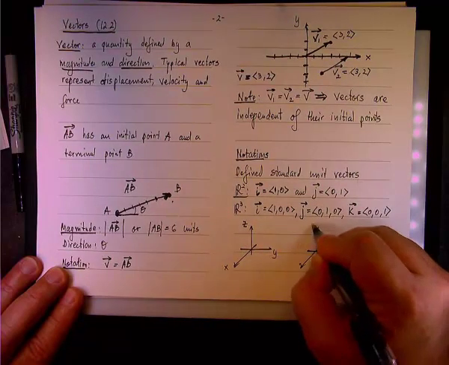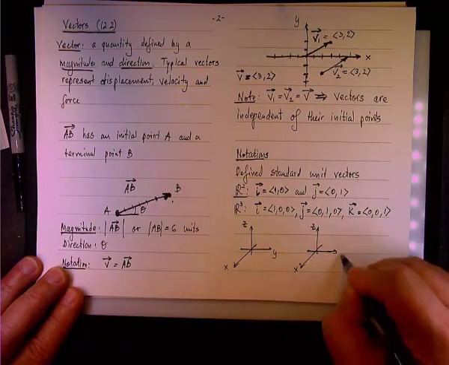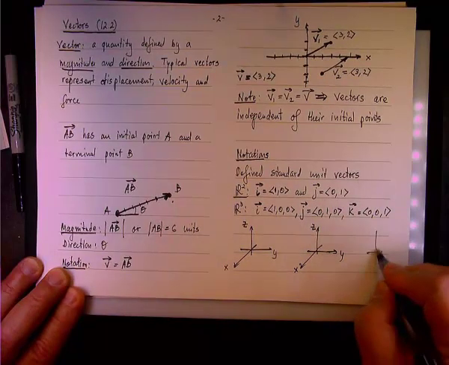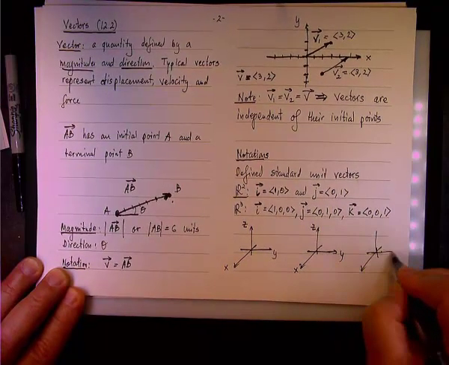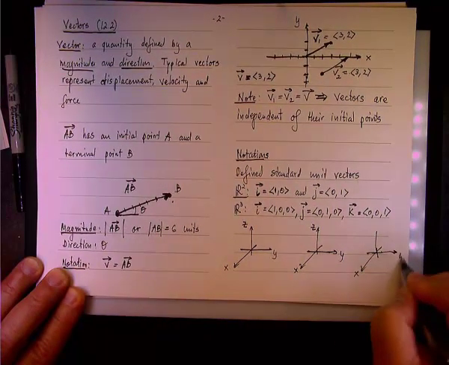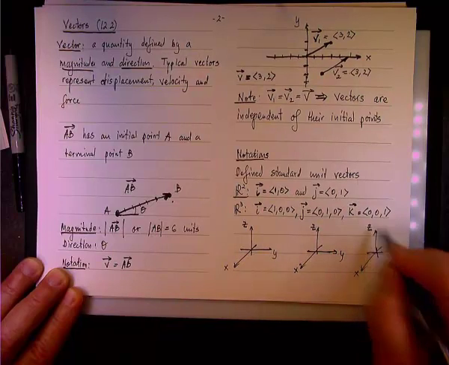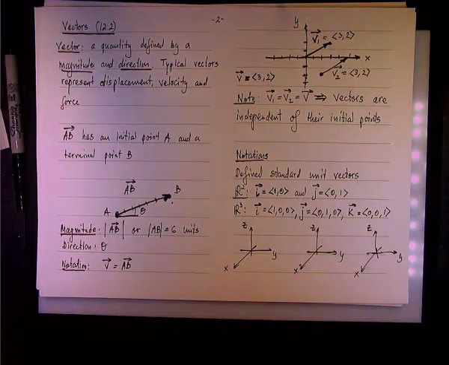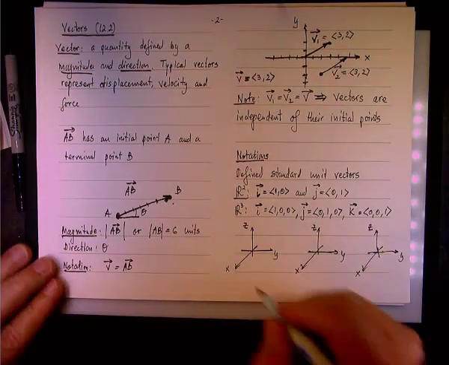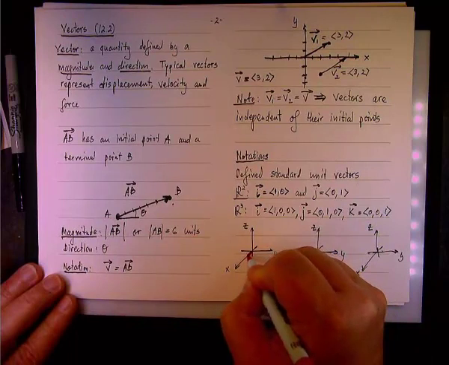So if you imagine what ijk is, I'll draw a three-dimensional coordinate system, like so, with x, y, z, and I'll do it 3 times, and let's see if I can use color to demonstrate each one of the standard unit vectors.